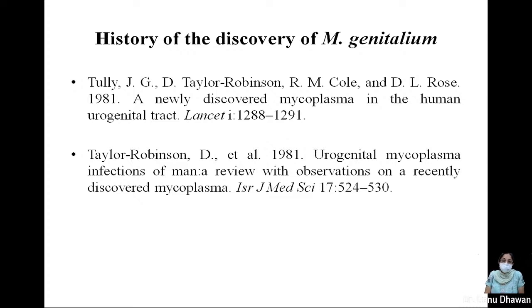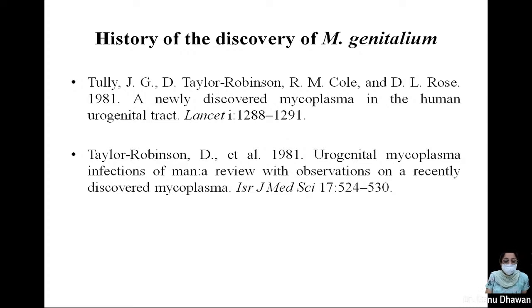Now, just to tell you a little about the history of the discovery of M. genitalium. As you can see, it was first discovered in 1981, when an article was published in Lancet by Dr. Tully and Taylor Robinson, the pioneers of mycoplasmology.